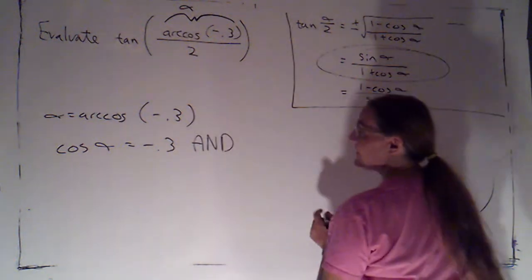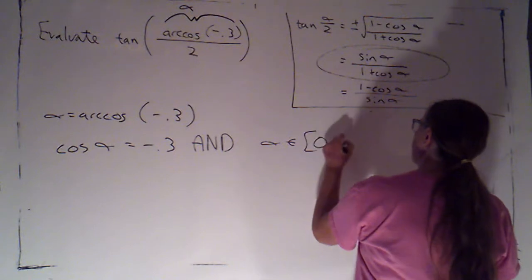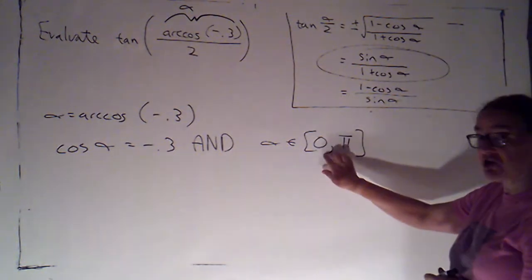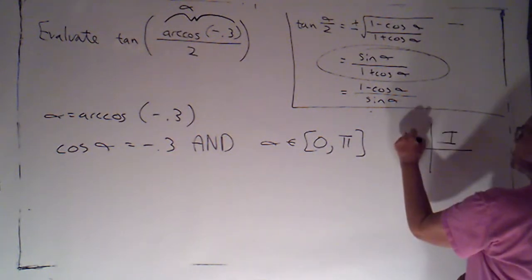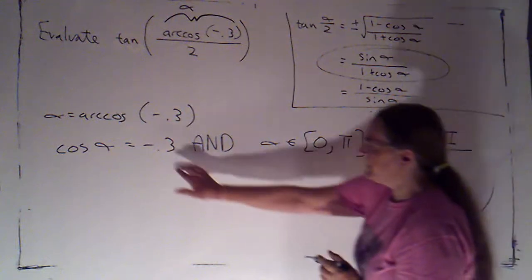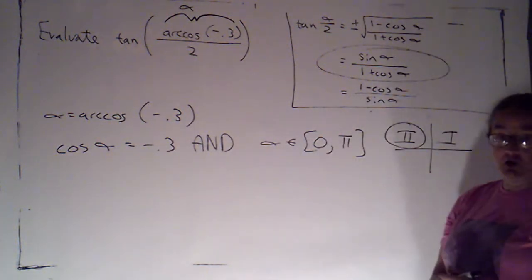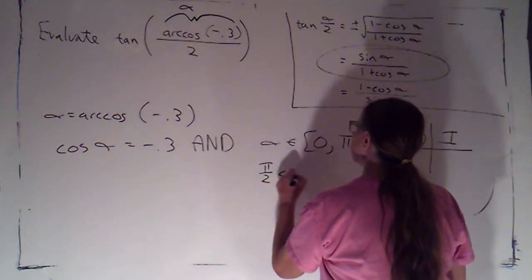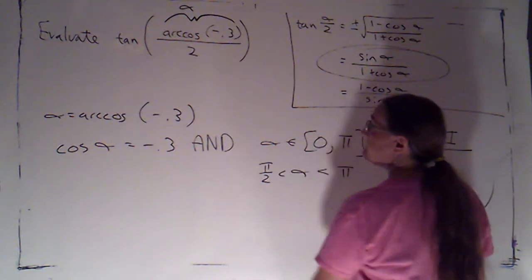And it also means that alpha is in the interval from 0 to pi, because that's the range of arc cosine. Now, of course, that corresponds to quadrants 1 and 2, and here our cosine is negative. So that's going to actually put us in quadrant 2, okay, which is going to mean that pi over 2 is less than alpha is less than pi.